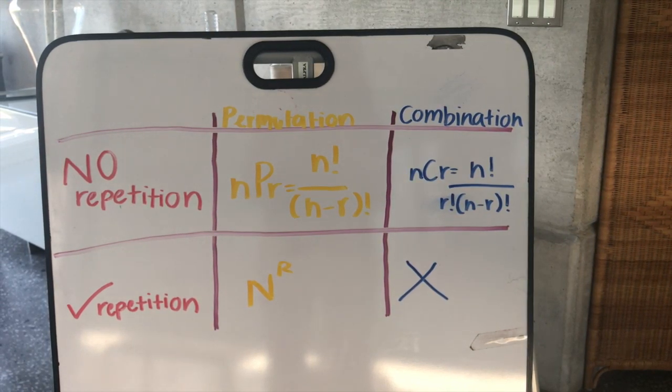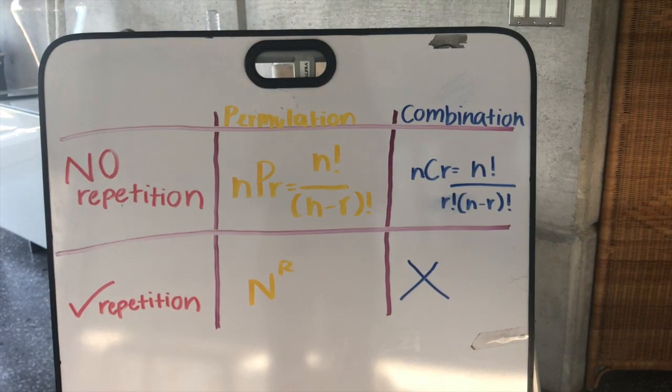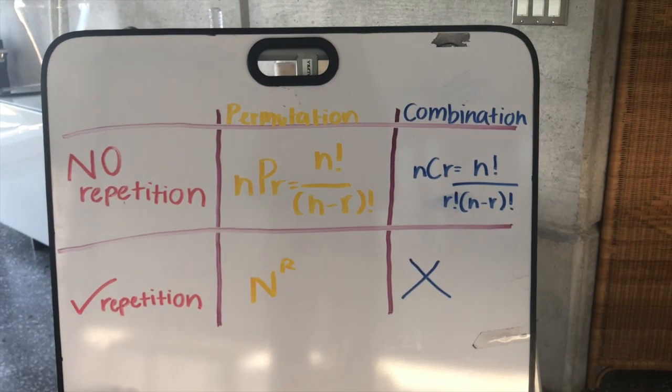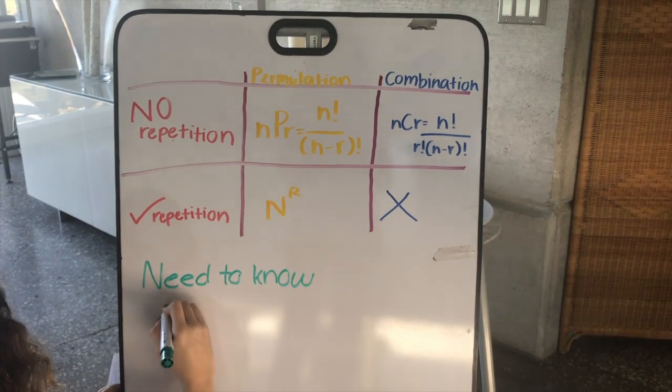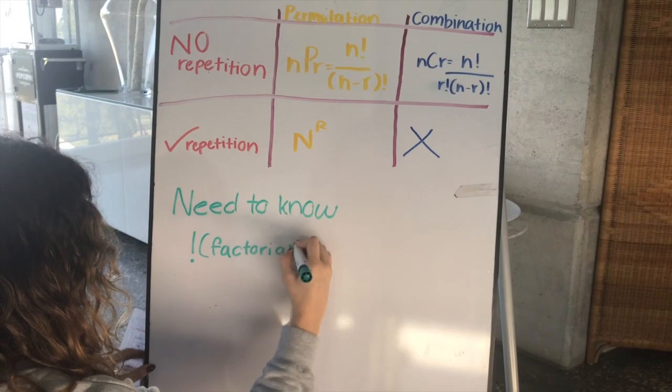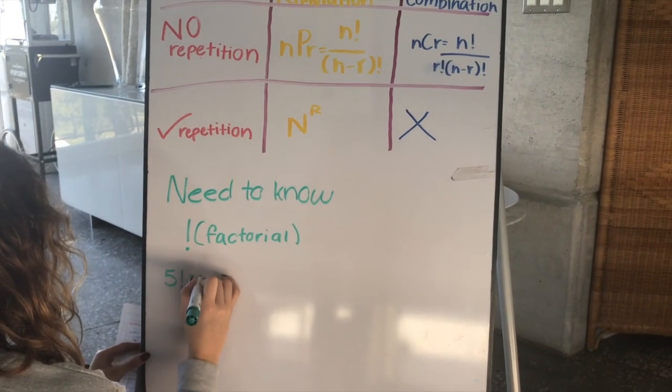The order does not matter here, and a great example is to grab 3 volunteers, since there are no roles or titles involved. It's also very important to know what a factorial is. A factorial is the product of whole numbers from the chosen number down to 1, and the symbol is an exclamation mark.